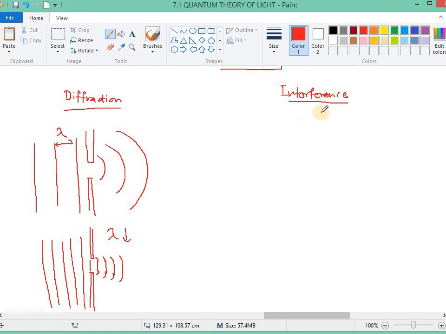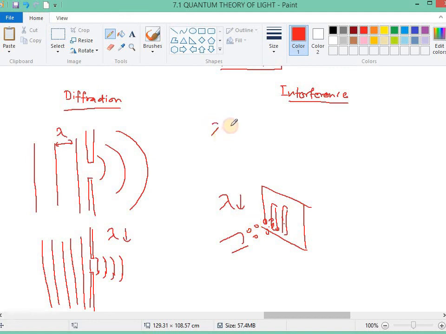Okay, so now we look at interference. Why is it that when wavelength is small, it is very difficult to observe interference? Because when you shoot particles through the hole, and if the wavelength is very small, what happens?